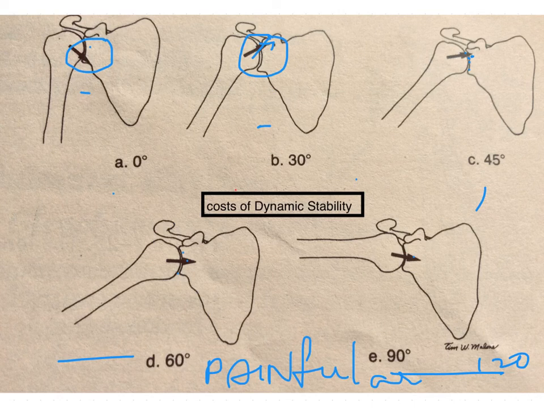In such conditions, there is a mechanical deviation of these structures, which causes degenerative changes of the joint besides the rotator cuff.